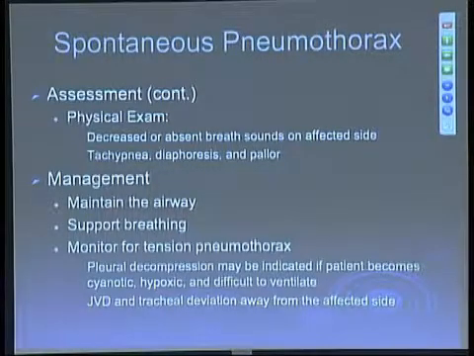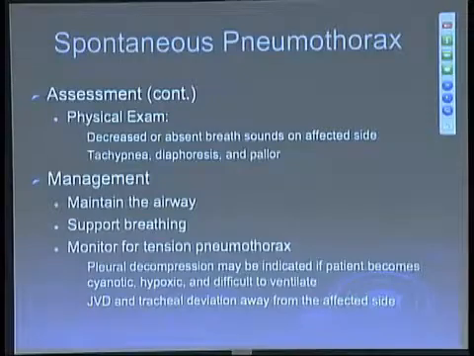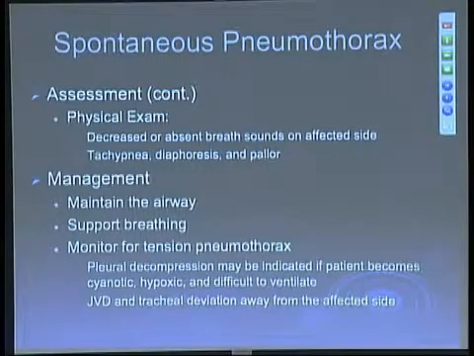If you do positive pressure, you could force air out through the tear in the pleura and continue to collapse the lung and create a tension pneumothorax. The number one cause of tension pneumothorax in the country is actually iatrogenic. It means we caused it because we're doing positive pressure ventilation on people.